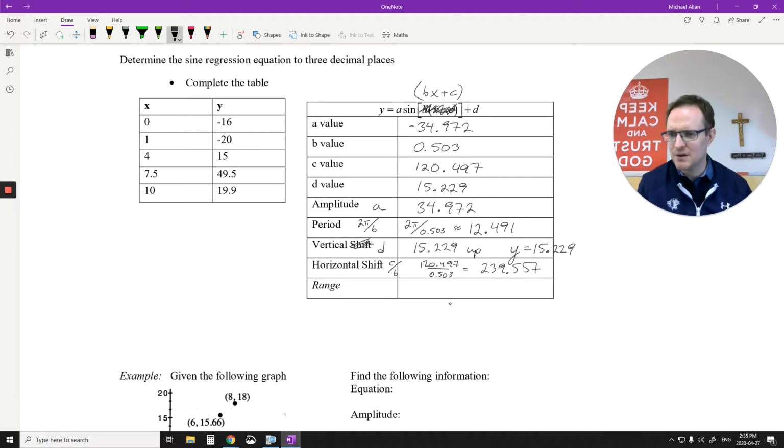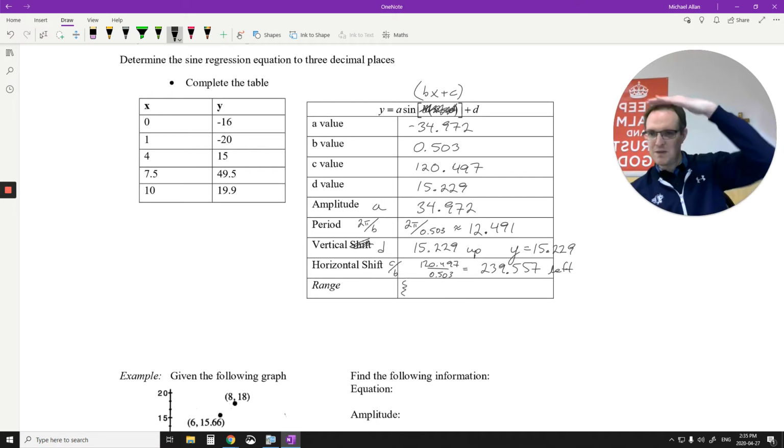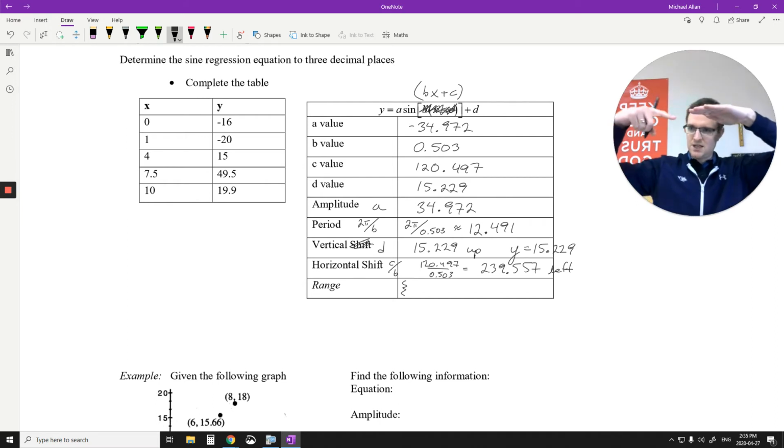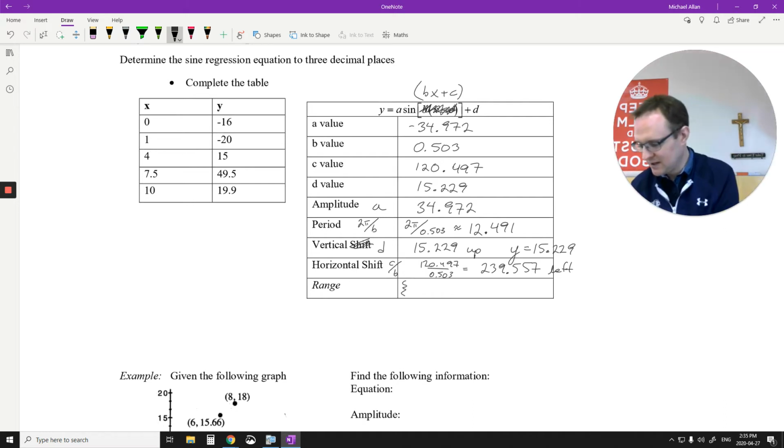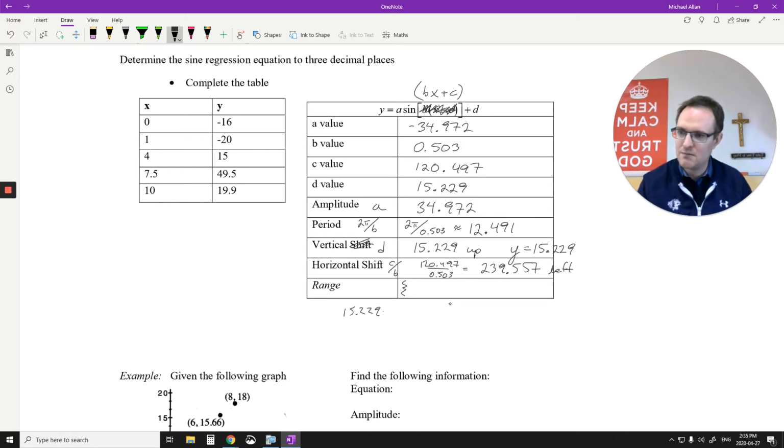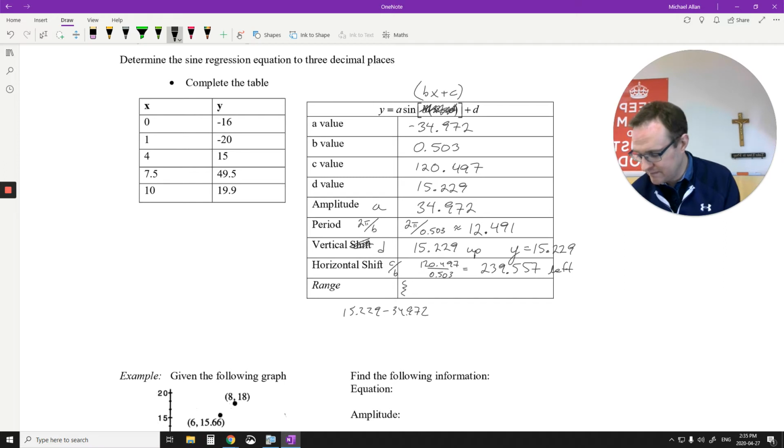Now I'm okay with this number, right? But it's positive, so that means it actually moves left. My range, remember, that's my midline, which we decided was 15-ish, minus my amplitude. My amplitude is a positive number here. I'm going to write that down for this first part. 15.229 minus the 34.972, so that's going to give me my min value.